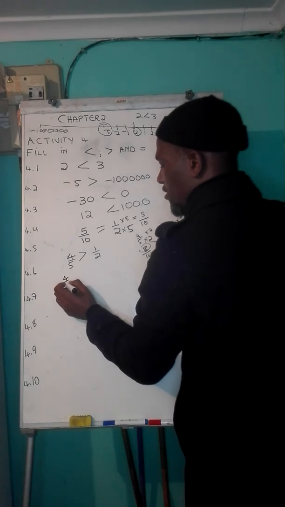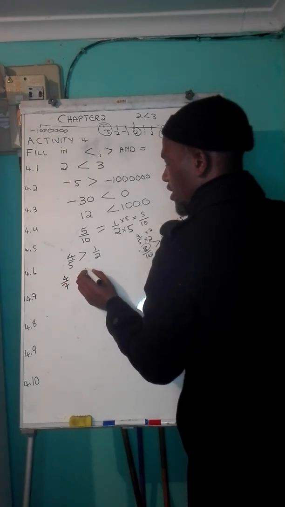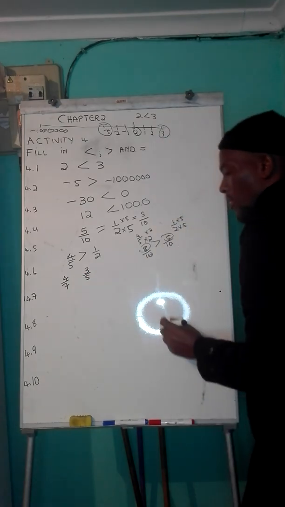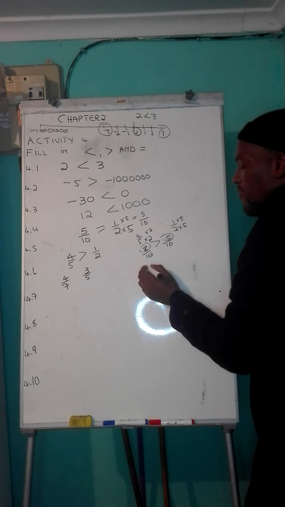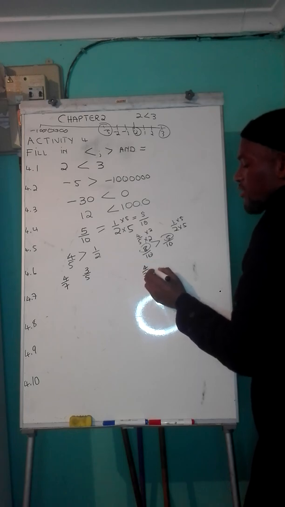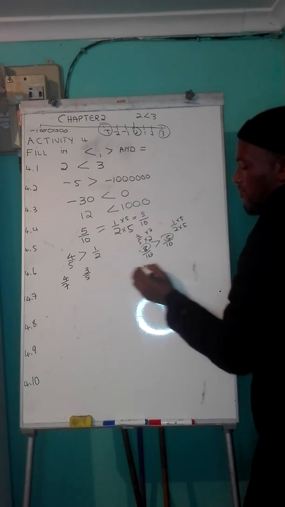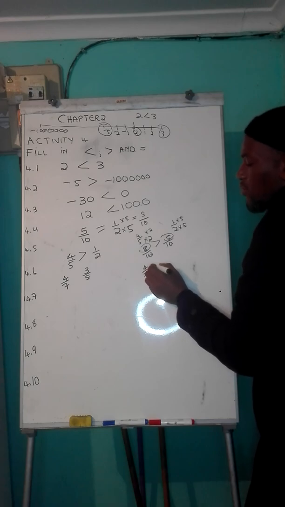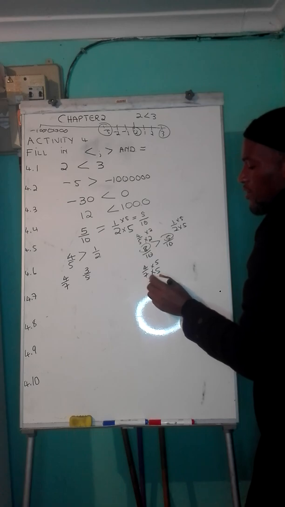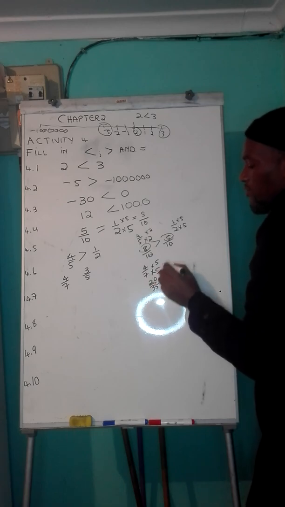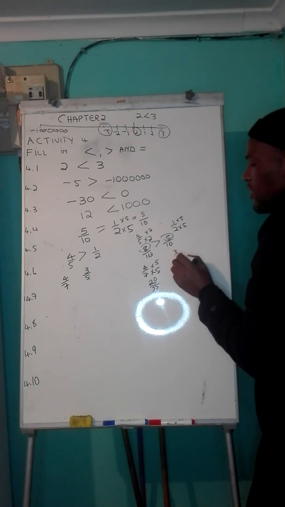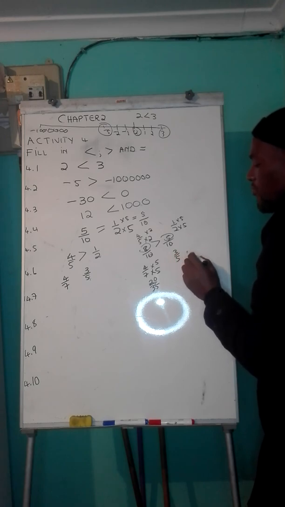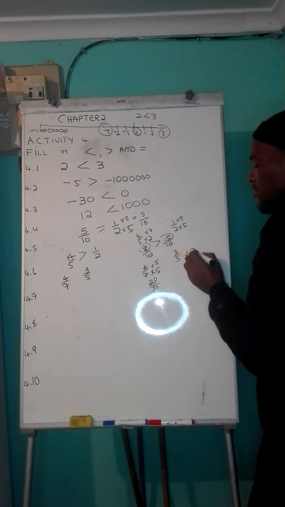4 over 7, and this is 3 over 5. If I have 4 over 7, I need to multiply 7 by this 5. What you do on bottom, you also do on top. 4 times 5 is 20. 7 times 5 is 35. Okay, my focus now is on 3 over 5. Multiply that by 7.